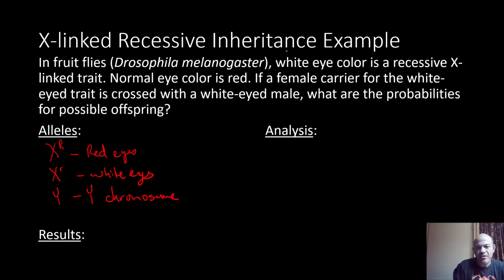So going back and looking at the problem again, we have a female carrier. We're going to set up our cross or symbolize it. The female fruit fly would be a carrier, so that means there's one red eye allele and one white eye recessive allele. And the male is white eyes. So the male has only one copy, and it's for white.